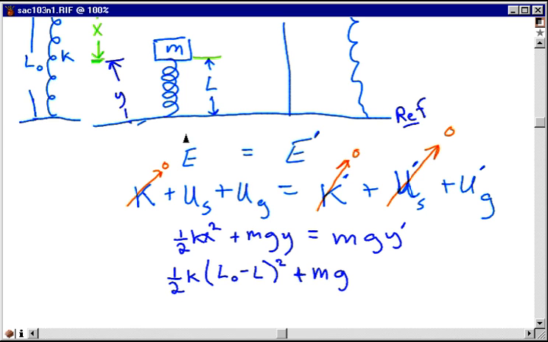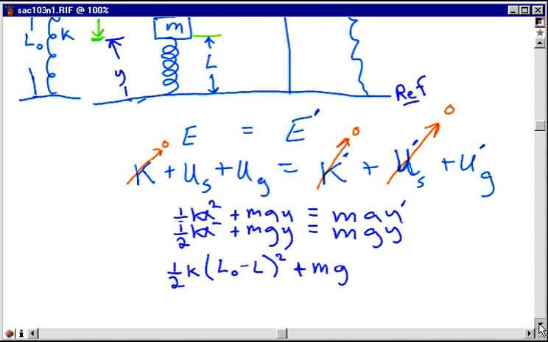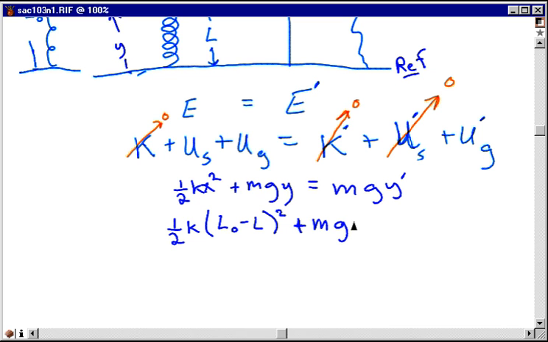I'm going to use the fiducial mark on the bottom of the block there for convenience. And this becomes mgL, and that's mgy prime, where y prime is what we're looking for.